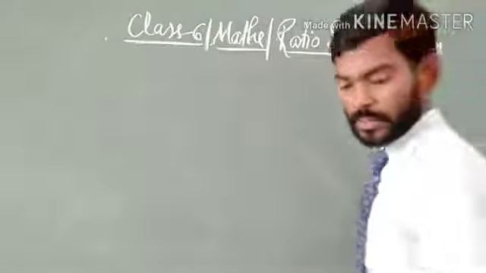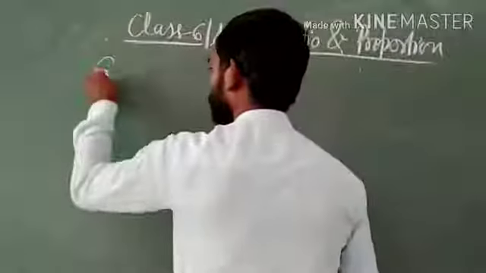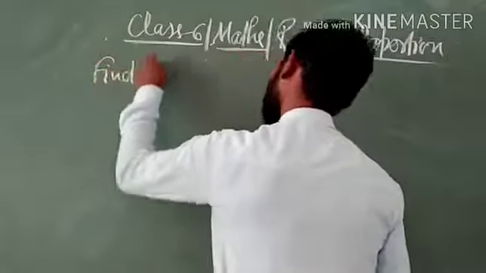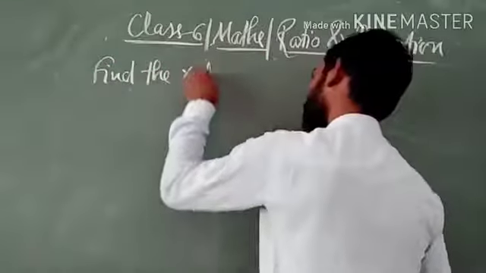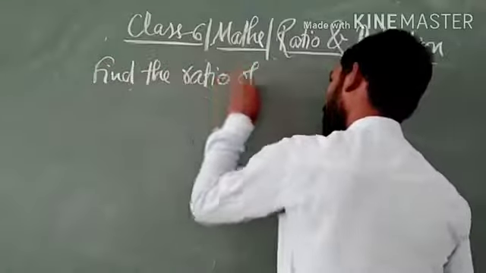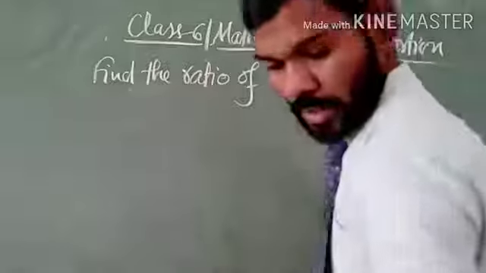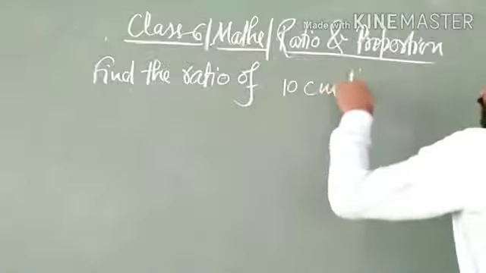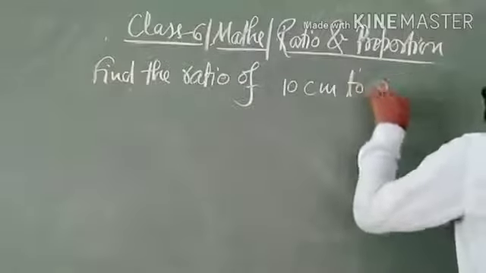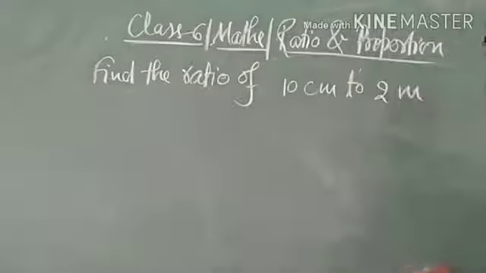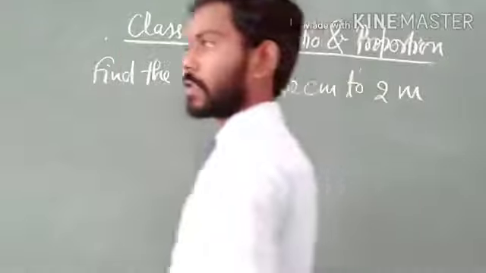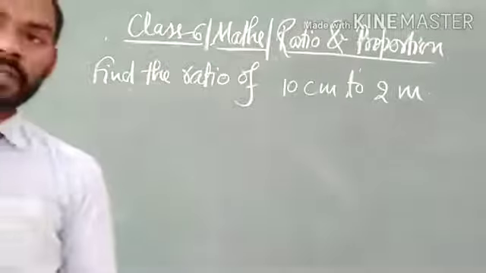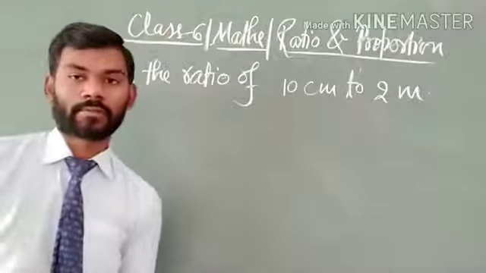The first question is: find the ratio of 10 centimeter to 2 meter. This is the given question and we have to find the ratio of 10 centimeter and 2 meter.